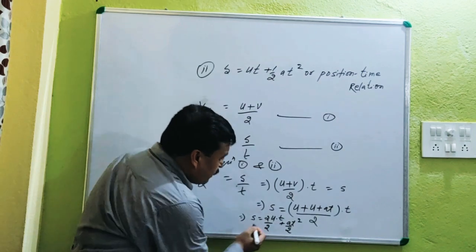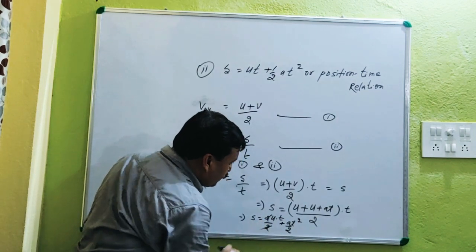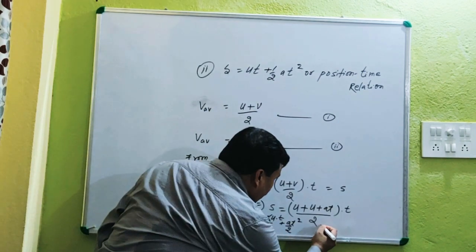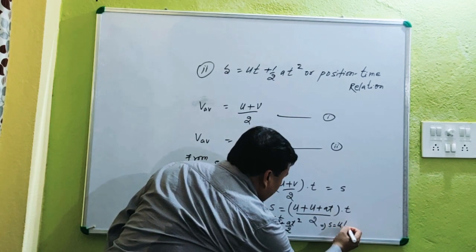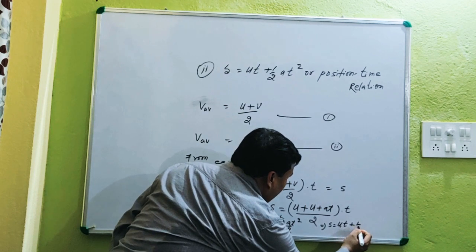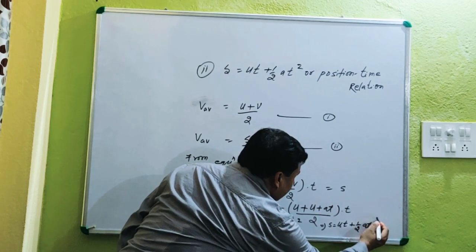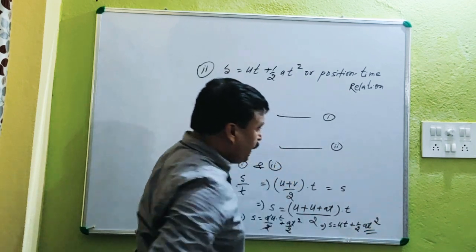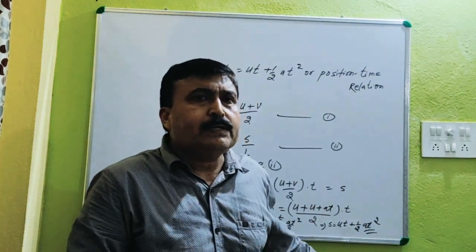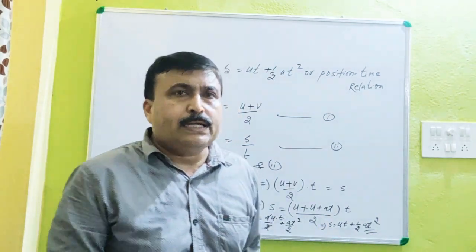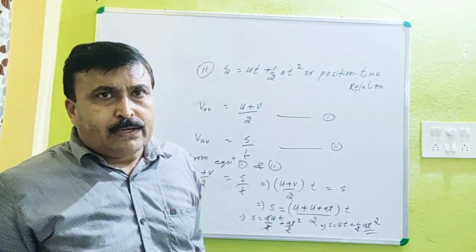After cancellation of 2 and 2 we will get s equal to ut plus half at square. In this way, the second equation of motion is derived by analytical method, or mathematically.